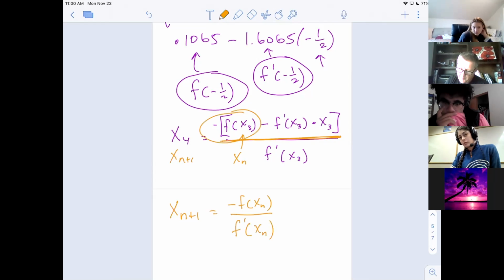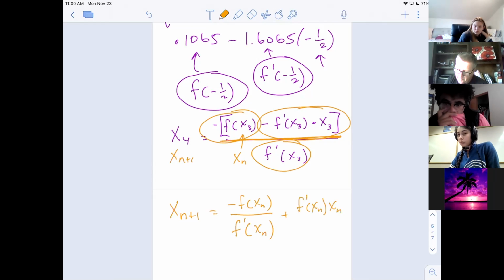That's this divided by this. And then it's also this divided by, but then it's minus a minus, so this actually becomes a plus sign now. That's f prime of my previous term times my previous term divided by the derivative of my previous term.